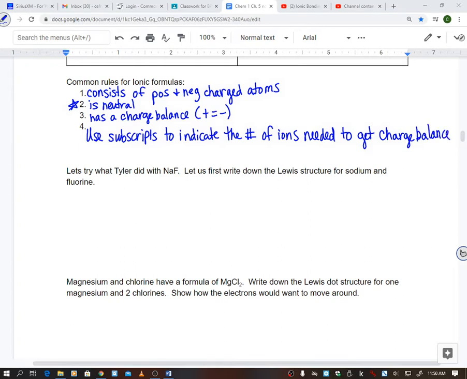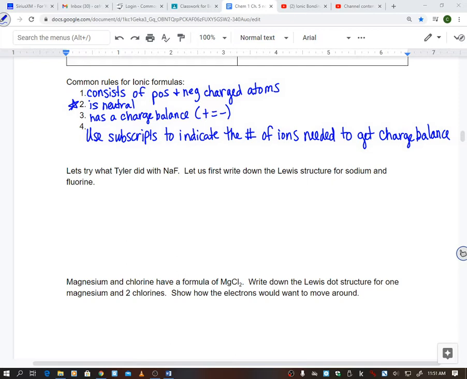So that's where we see H2O. We use that little subscript there to tell you, hey, you need 2 hydrogens to make this work. Now H2O is not an ionic bond, but any bond is going to use these subscripts to tell you how many you need.